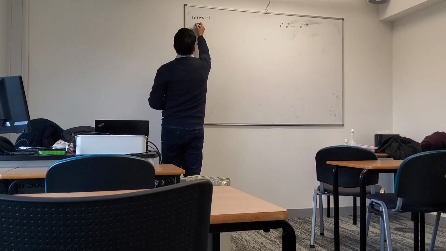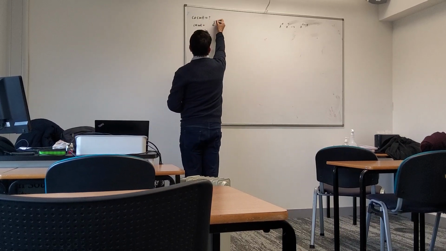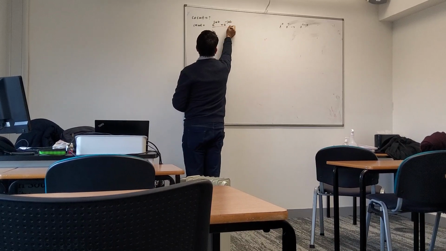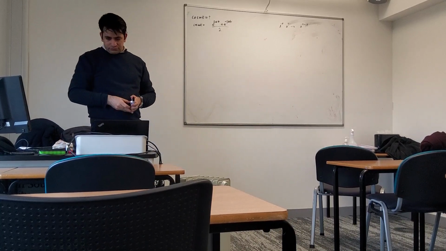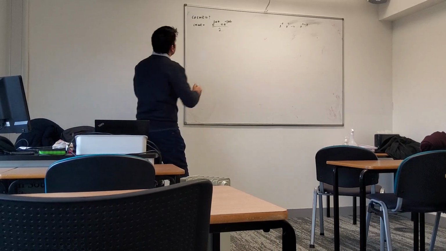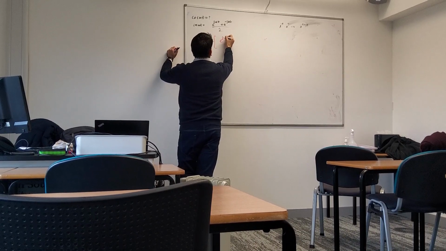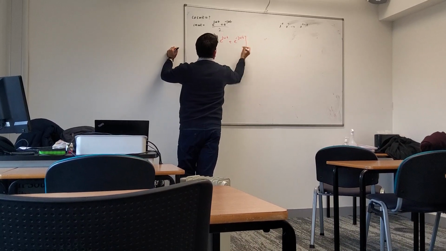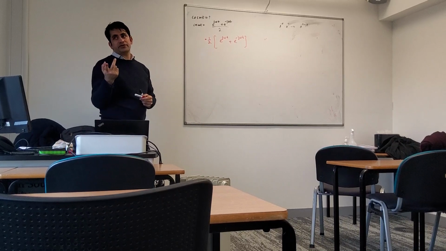We all know that finding it for a cosine signal would be easy if we split it as (e power j omega t plus e power minus j omega t) by 2. Now it means that we have two exponentials that we need to find the Laplace for.